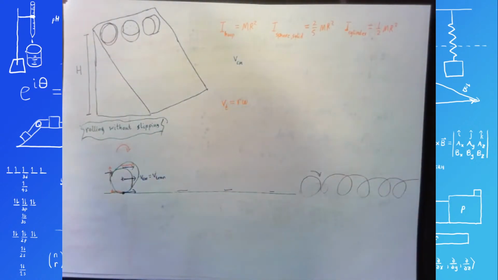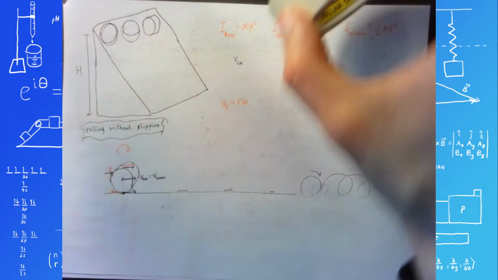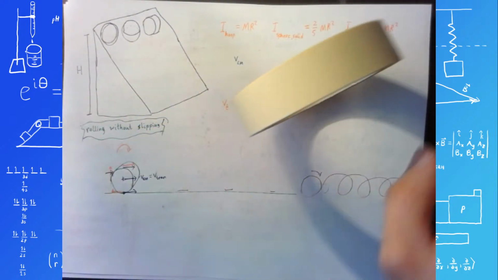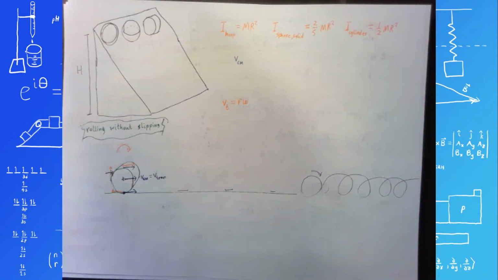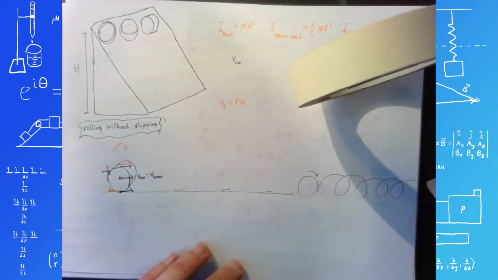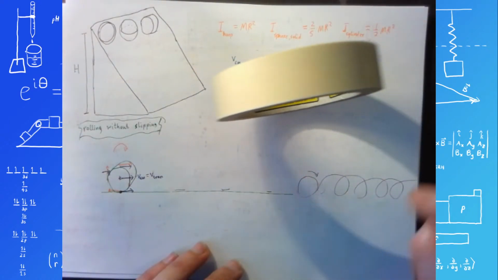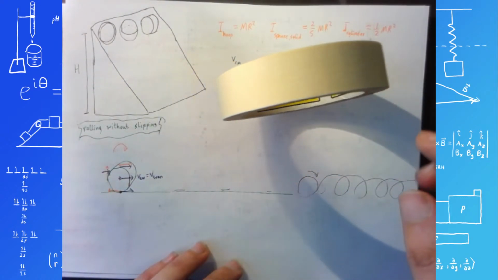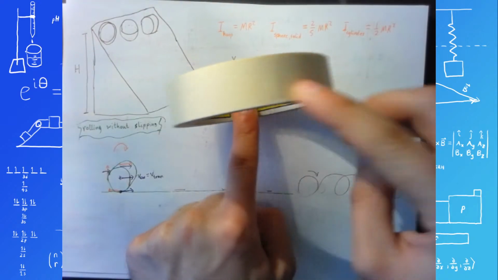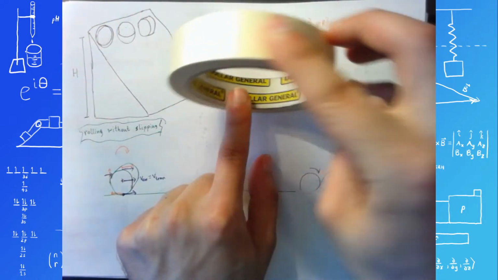They would cancel out. And you can actually see this if you take an object and make it roll and watch it in slow motion. You would be able to see that whatever point is in contact with the surface that the object is rolling on isn't really moving. It's waiting for the rest of the object to just swing around it.